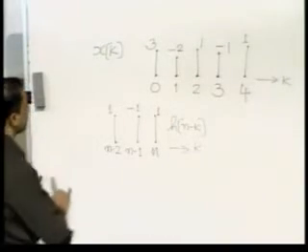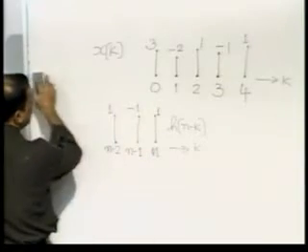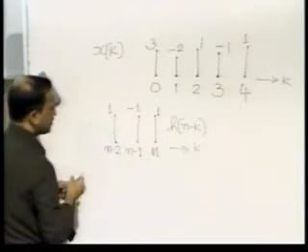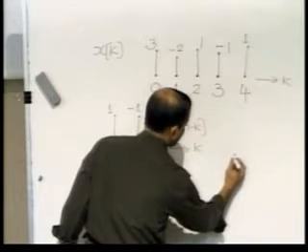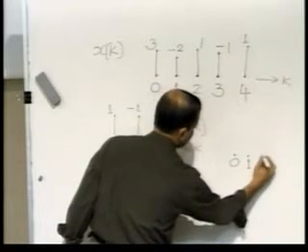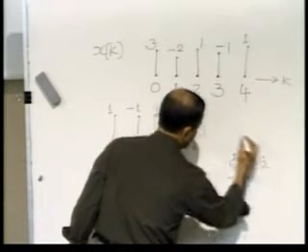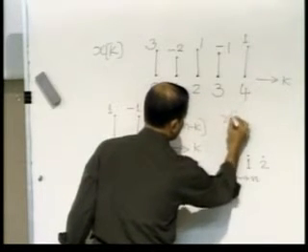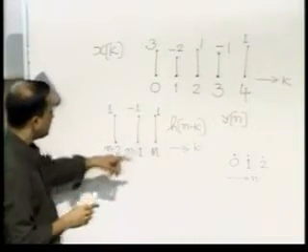Alright, let's calculate the non-zero values. So I'll calculate a few of them. I don't think we need to illustrate by calculating all of them. Okay. Now let's calculate y of 0.